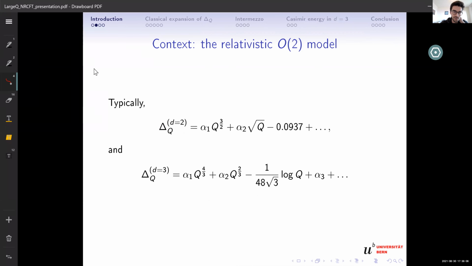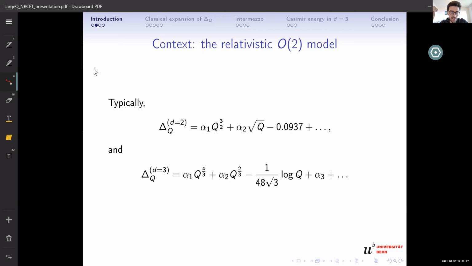Okay. And so as an example, I just recap the most famous examples, right? The d = 2 and d = 3. So 2 + 1 and 3 + 1 dimensions. And when d is even, we expect, as Gabriele said before, there is no classical term to renormalize the quantum fluctuations to leading order. So we expect this thing to be universal, and it is, right?